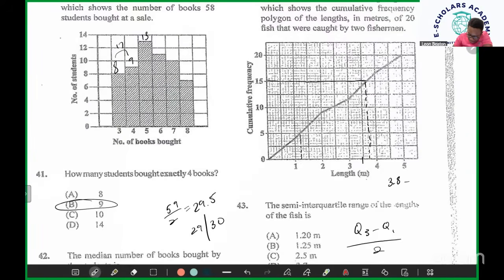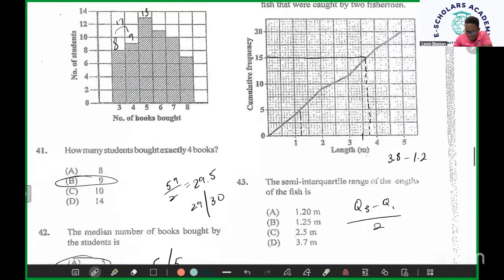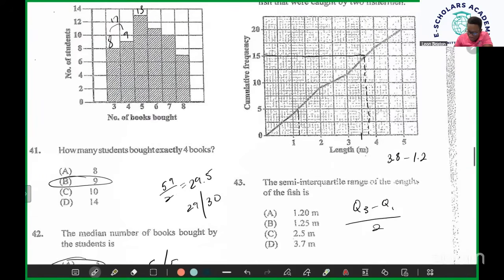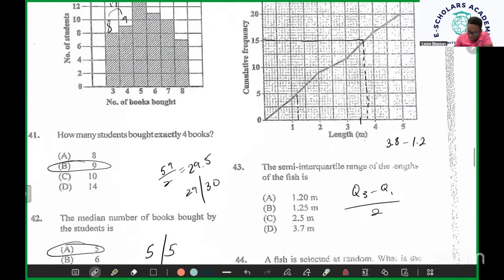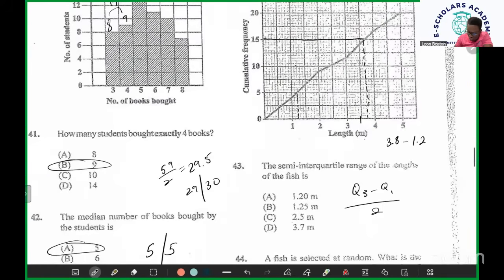This looks like 1.2. So I estimate because these things are not very clear, right? So when I subtract this, 3.8 subtract 1.2, we get 2.6. 2.6 divided by 2 is 1.3.